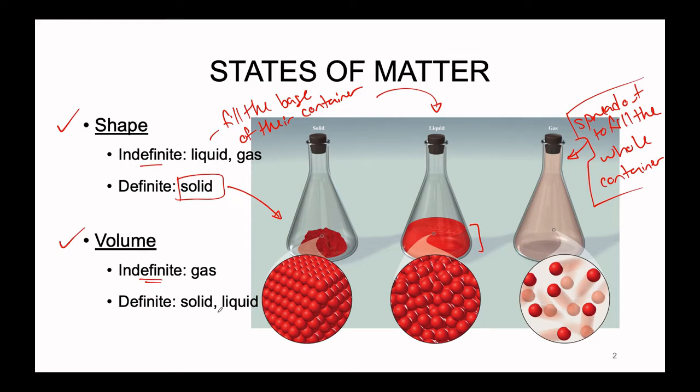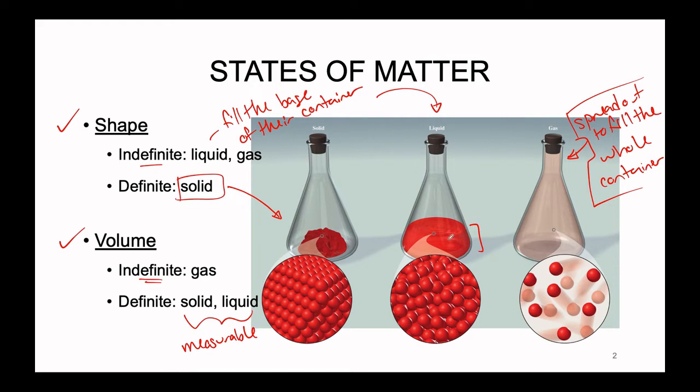Solids and liquids, however, have their own definite volumes. A solid and or a liquid will take up a specific amount of space that is measurable and will also be consistent.